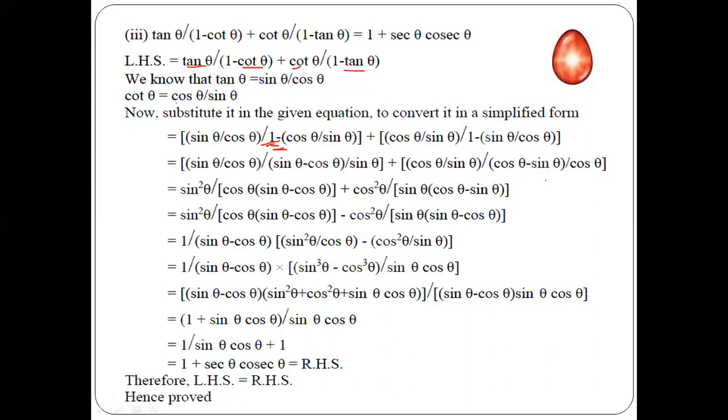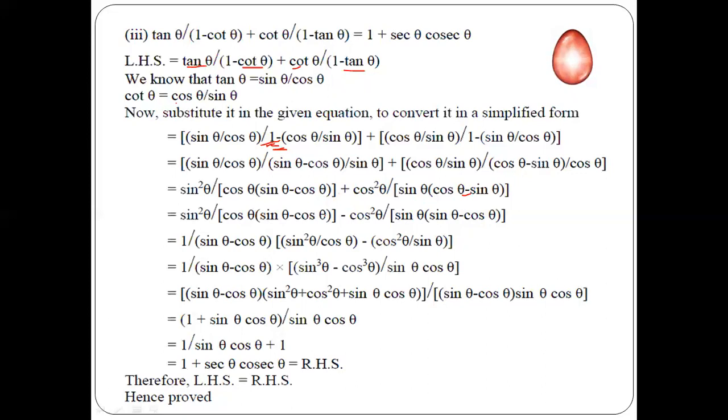Now sin square theta by cos theta, sin theta minus cos theta plus cos square theta by sin theta, cos theta minus sin theta. Sin square theta by cos theta into sin theta minus cos theta minus cos square theta by sin theta into sin theta minus cos theta. You are taking the minus sign outside and it becomes minus cos square theta.